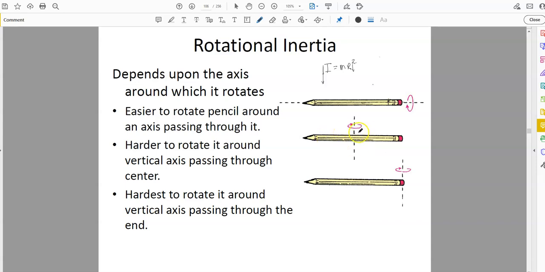There's a little bit more resistance, okay? And that is because a lot of the mass is really far away. So this R right here is, I don't know, 10 times this R.